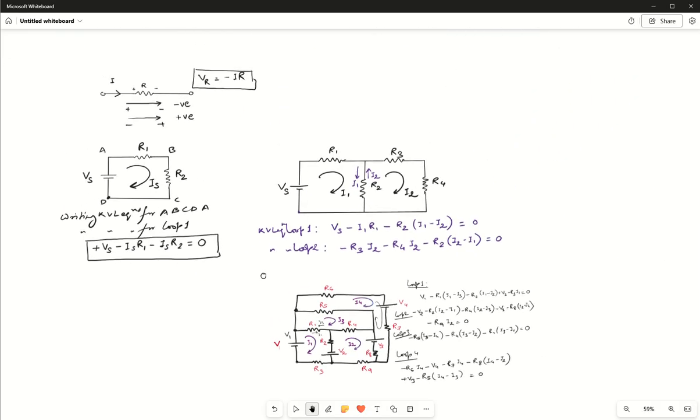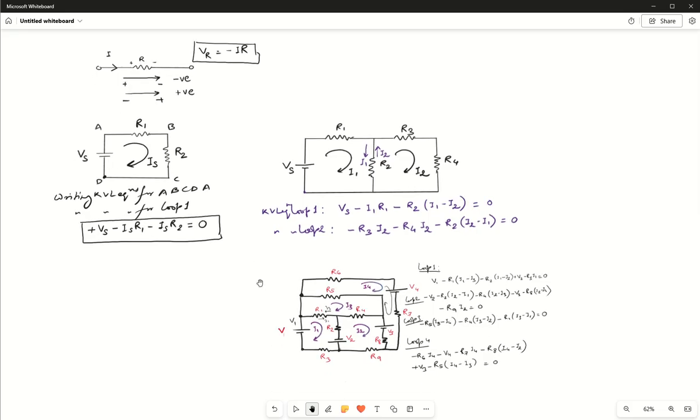So we have seen today how we write KVL equations, and how we write KVL equations if we have more number of loops, and the logic is very simple, that we will be considering currents, or that is your loop current, and all the loop currents will be moving in one direction, which we consider as in clockwise direction.